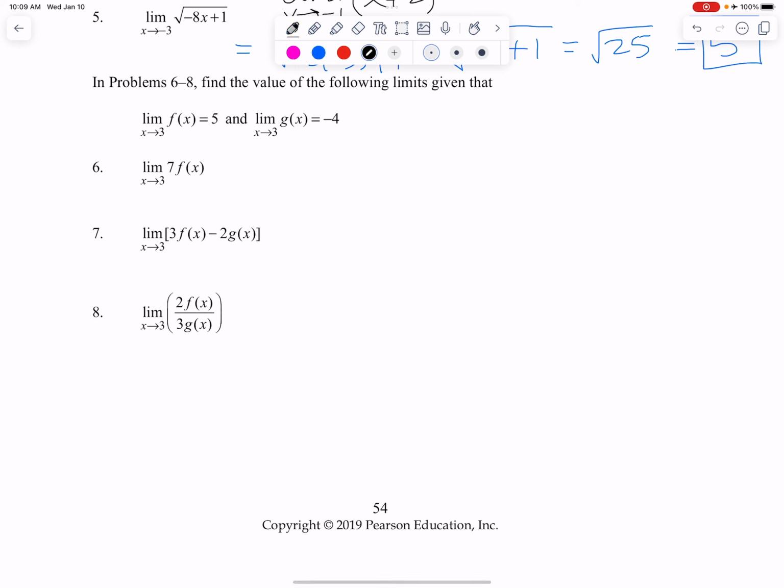Now, what do we know? We know that the limit of f of x as x goes to 3 is 5. So using our properties, we can pull that 7 out front. We know the limit of f of x as x goes to 3, that one's 5. 7 times 5, 35.